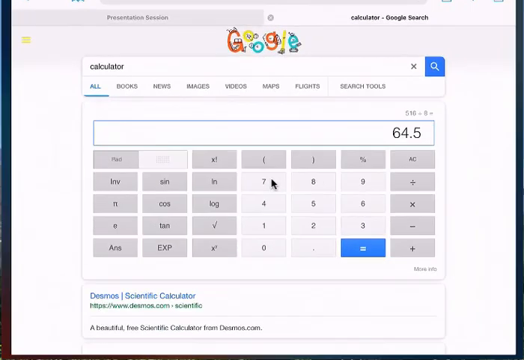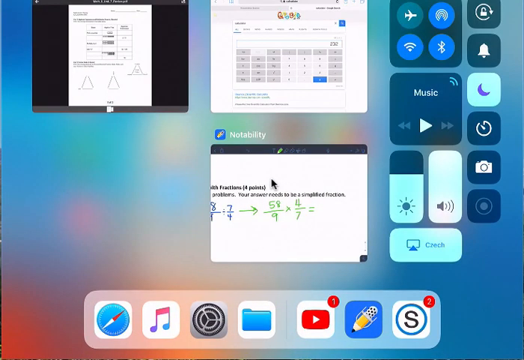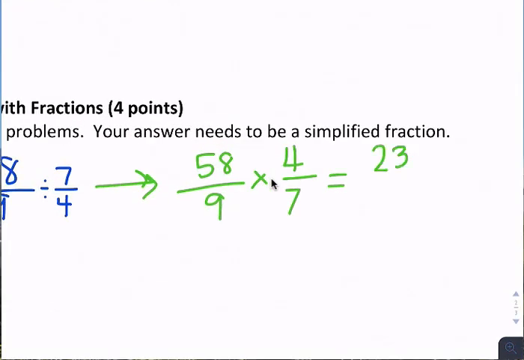So 58 times 4, 232. And then 9 times 7 is 63.